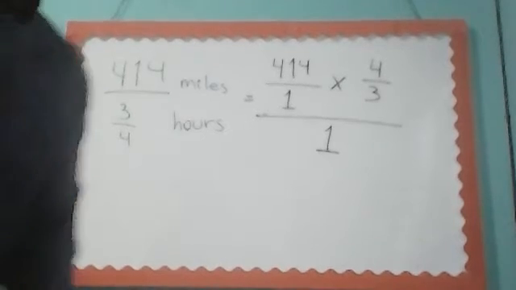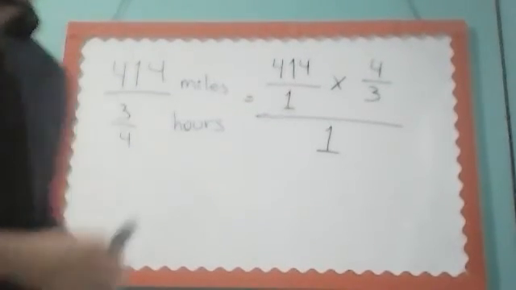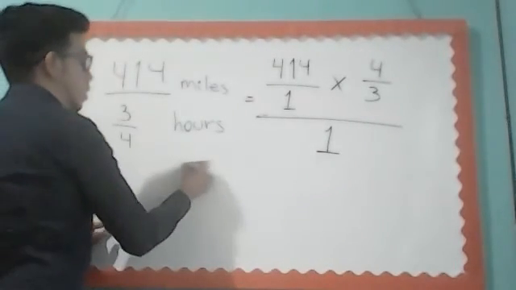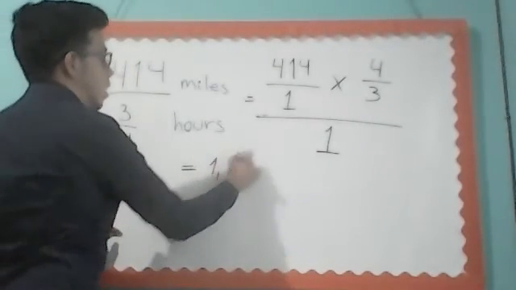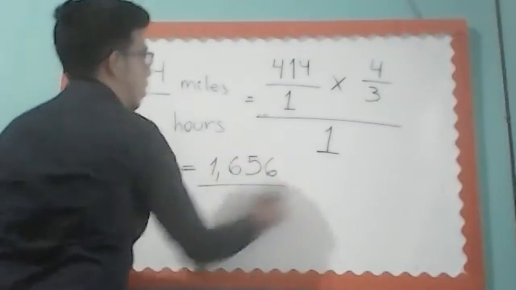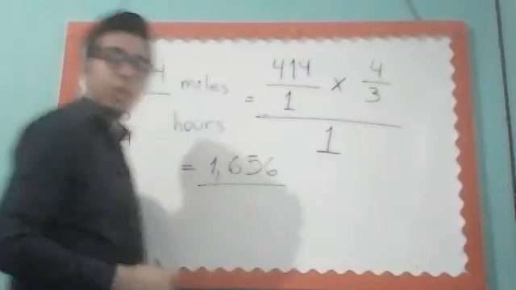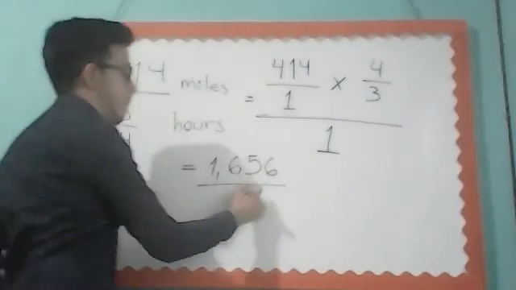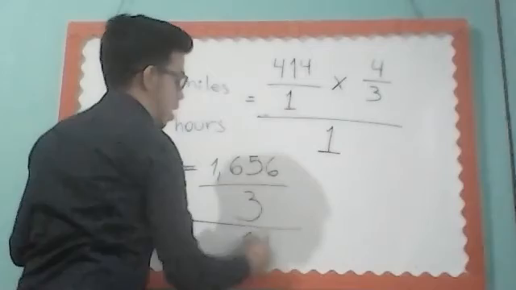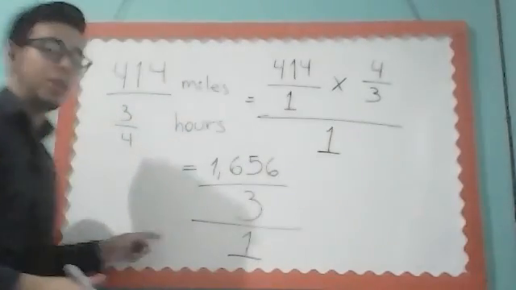414 times 4. It's 1,656 over 3, right? Because 1 times 3 is 3. This is over 1 hour. The 1. Okay, don't forget to copy the 1.